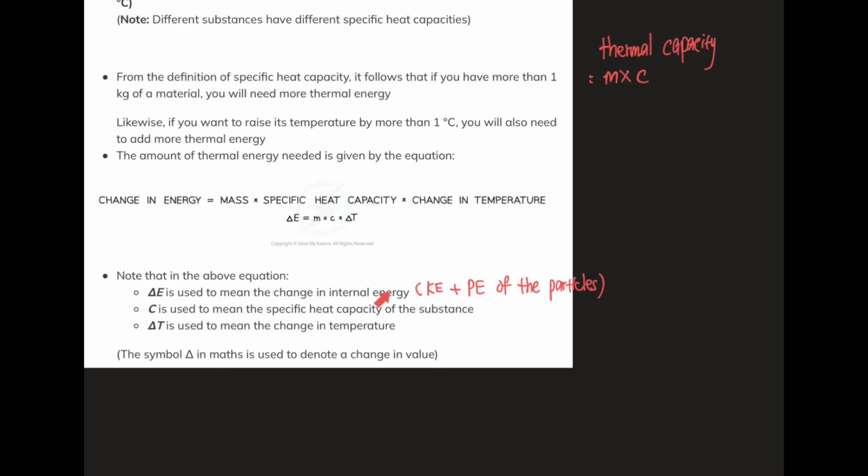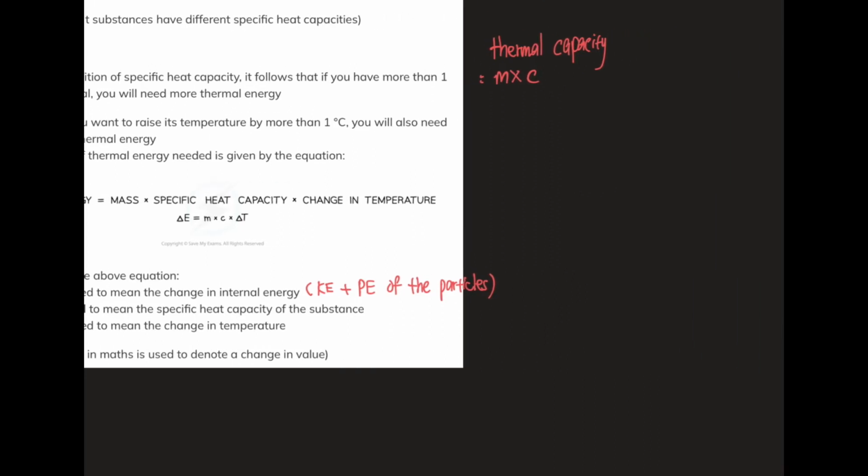Just now in my explanation at the beginning of the lesson, I said the thermal energy is used in two ways. The first one is to increase the kinetic energy, and the effect is temperature increase. The second one is to break the bond, and then temperature is the same.